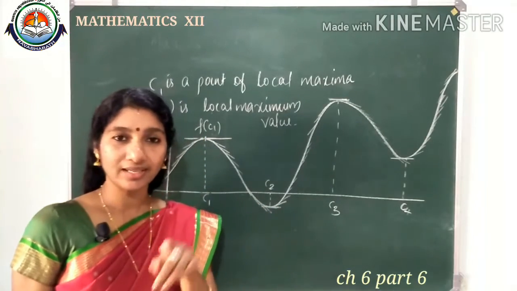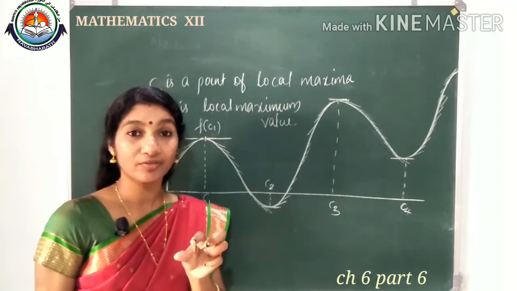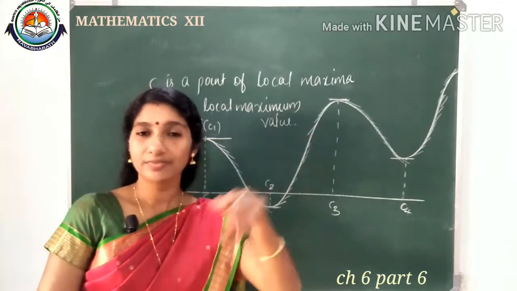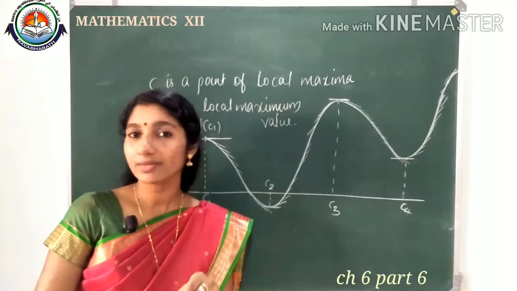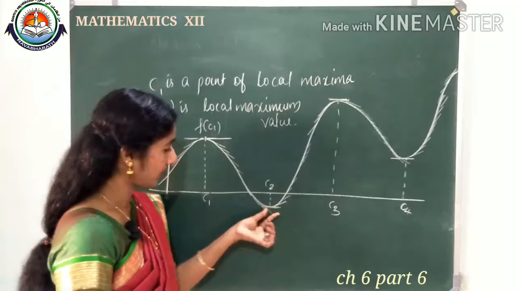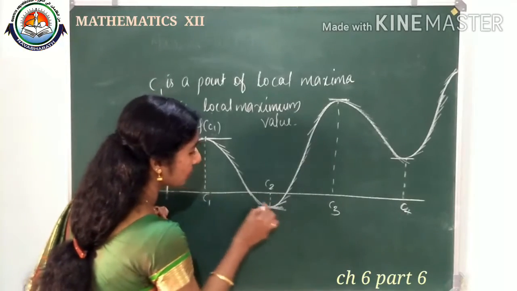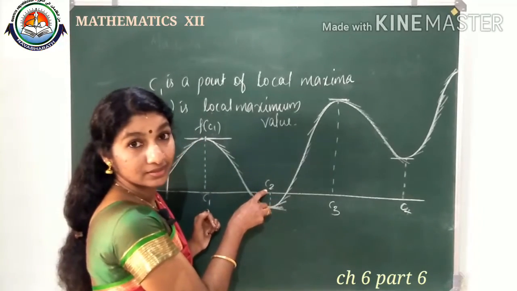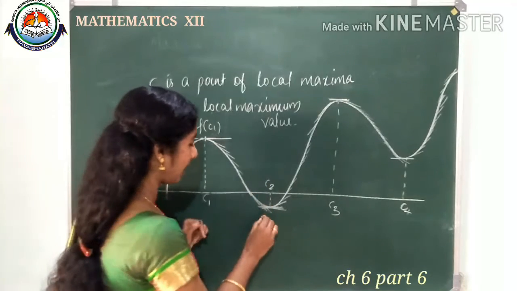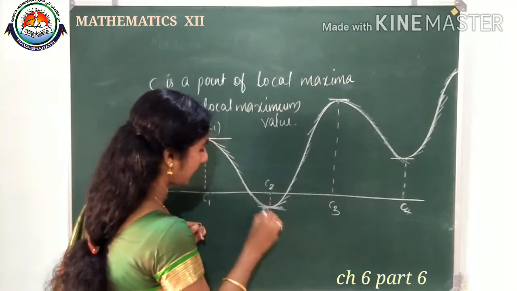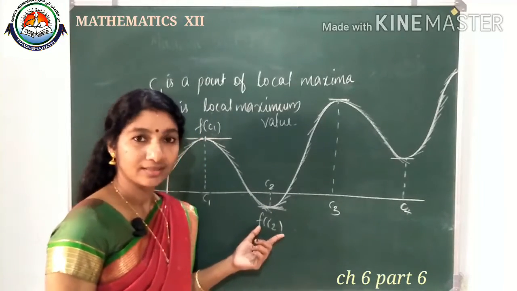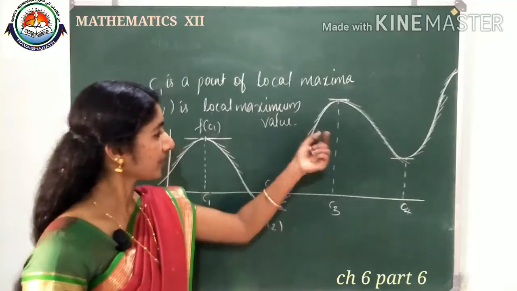So in between there will be a point where the slope of the tangent equals 0. If there is a change from negative to positive, in between one point will have slope of the tangent equal to 0. That point, C2, is the point of local minima. Clear? And f of C2 is the local minimum value. One of the minimum values is f of C2. That's why it is called a local minimum value.